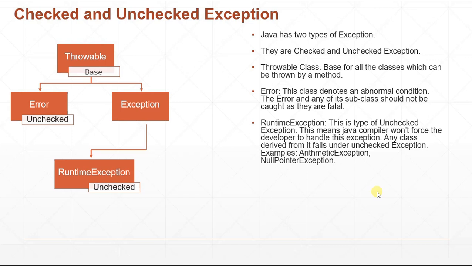For Error, you should not even attempt to handle it with a try catch, because that is an application fatality condition. But with RuntimeException, you may recover from the error, so you can place a try catch. But it's up to the developer to decide whether they need to handle the particular unchecked exception. If they need to, they can handle it, otherwise they can leave it. It's up to the developer.